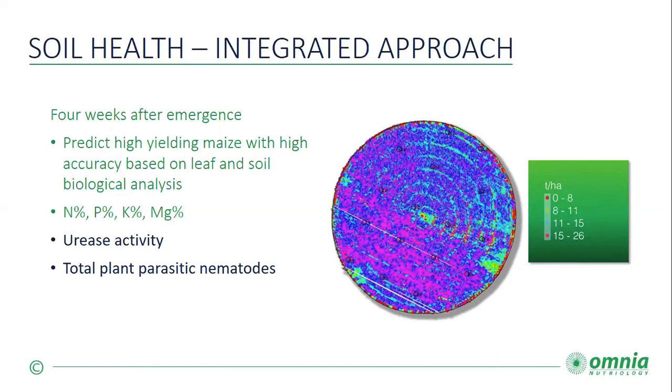But what is fascinating, though, is that at the same time point, at 4 weeks after emergence, urease activity in the soil, together with total plant parasitic nematodes, were also dictating yield at this point. And therefore, I emphasize the importance of soil health in a holistic approach, that takes a number of different factors into consideration.